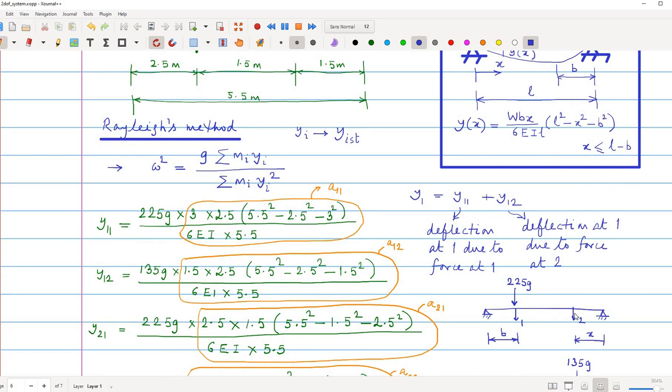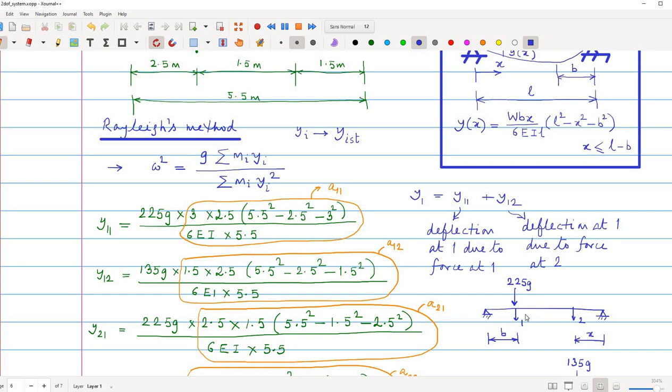So you have to find out y21, deflection at 2, so x is now greater than L minus b. L minus b is this, but x is this, so x is not less than L minus b, so you cannot take x from this side. So what we do is we take x from the right side and take b here.